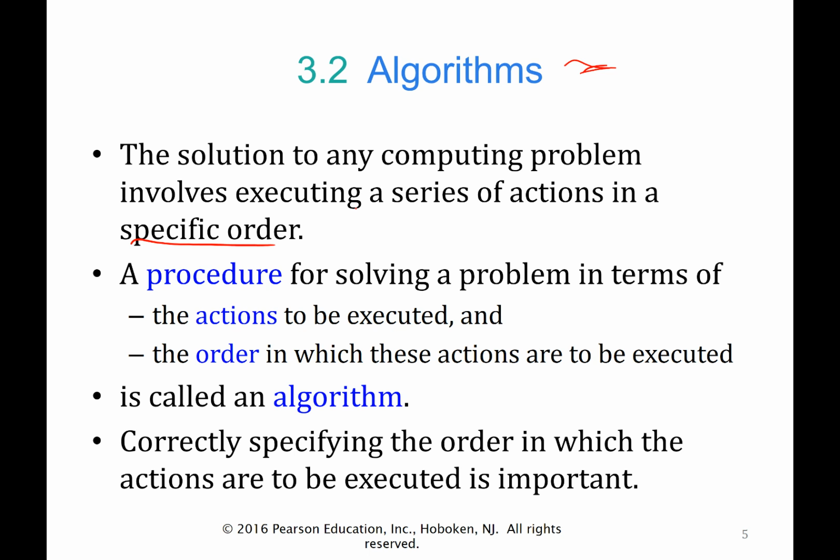You mix the dry ingredients, you mix the wet ingredients, you combine the two, you put the cake in the cake pan, and you put it in the oven, right? You don't put the dry and the wet ingredients in the oven without mixing the two of them together. That's in the wrong order. You won't get a very good cake. So you have to do things in the right order.